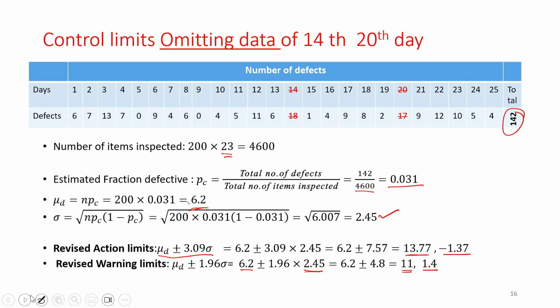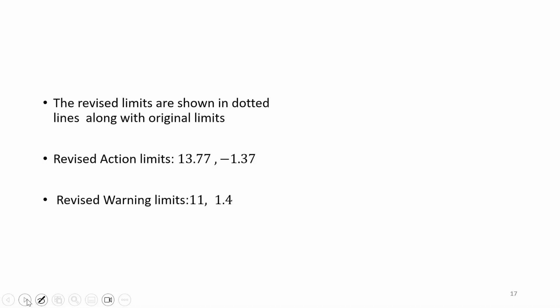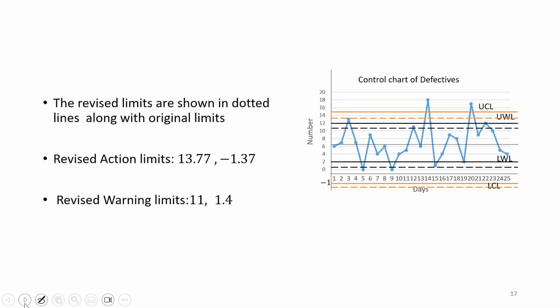Because of this change, we have to redraw. So let us look at the control chart again. See, the dotted lines are showing you the redrawn lines.